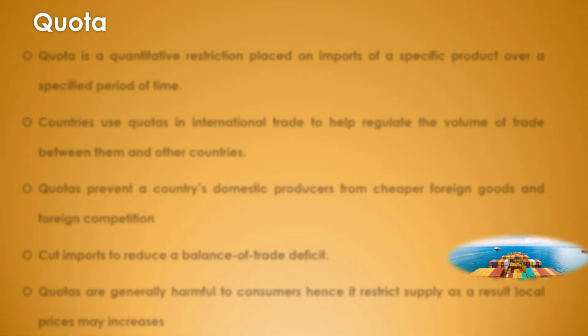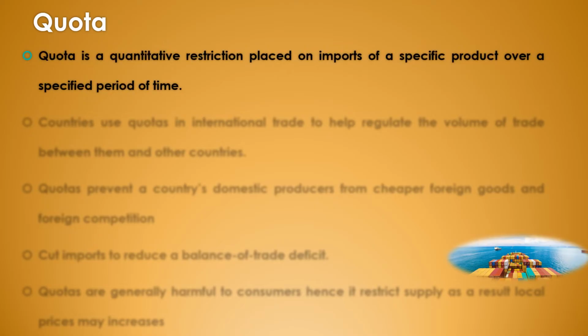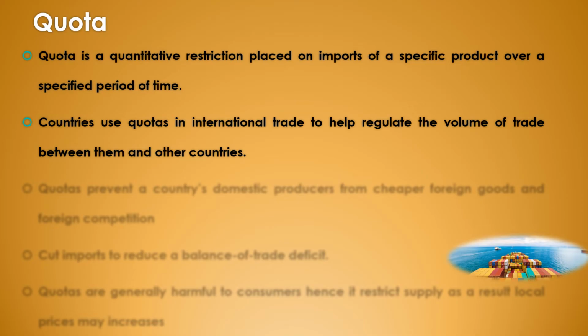The next instrument is quota. Quota is a quantitative restriction placed on imports of a specific product over a specific period of time. Countries use quotas in international trade to help regulate the volume of trade between them and other countries.